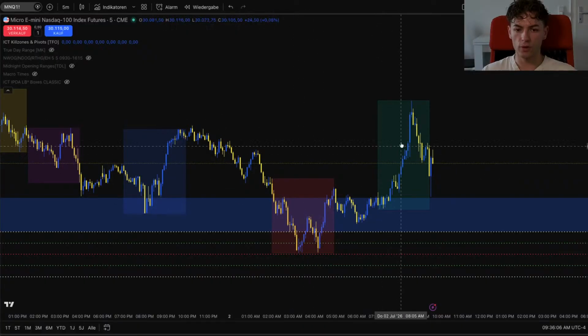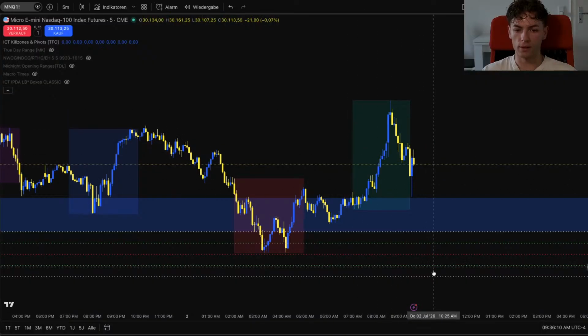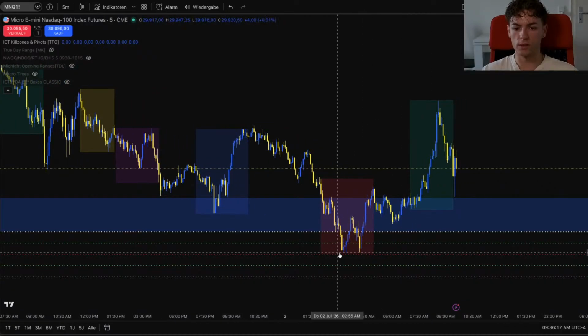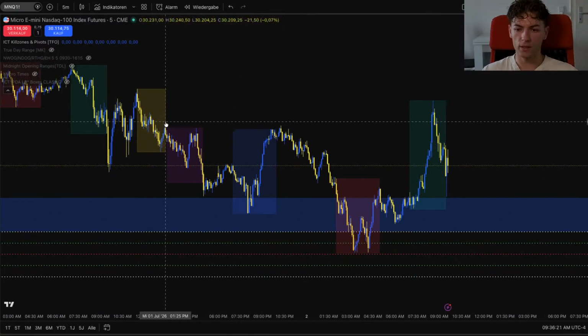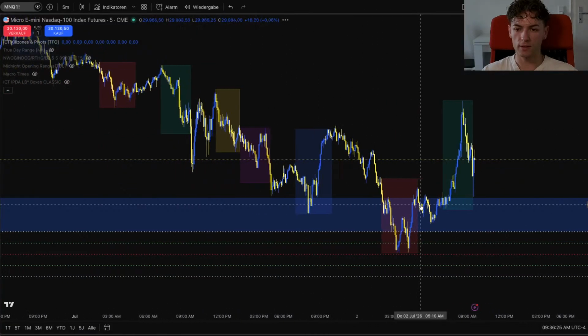We could see a New York continuation high, or we could see a New York reversal, creating the high of today in New York, and then a continuation lower towards these relatively equal lows that we created in London. We've taken out relatively equal highs, so sell side would be next.